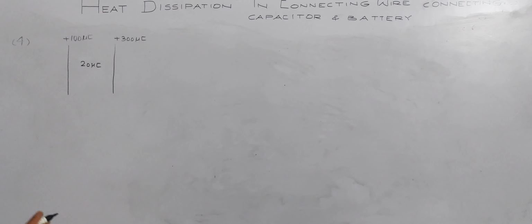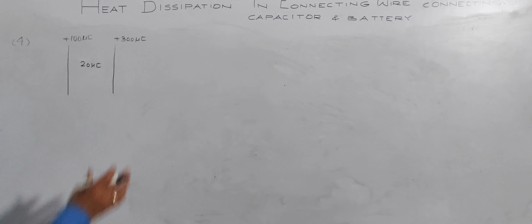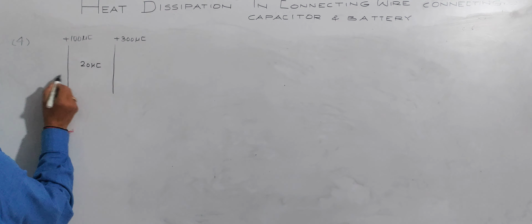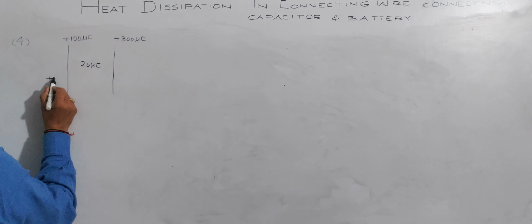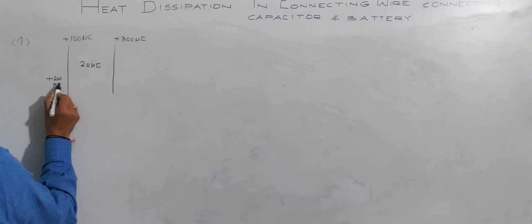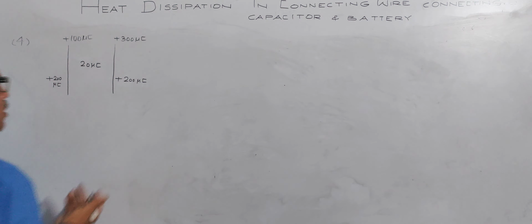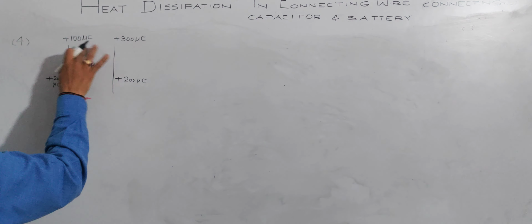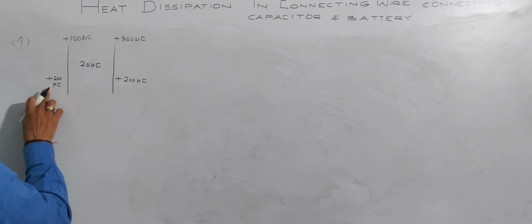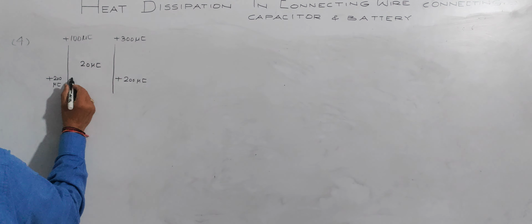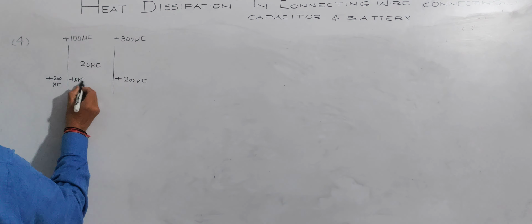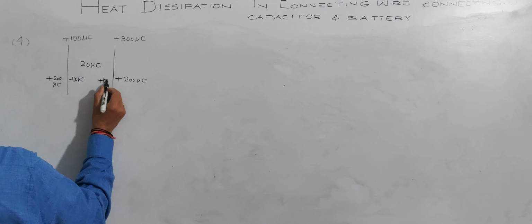Now first, how to find out the distribution? You add these two charges, 300 plus 100, 400, and divide into two parts. So on the outer sides, this will be plus 200 microcoulomb and plus 200 microcoulomb. Very simple. Since the net charge of this plate is 100 microcoulomb, with 200 on this side, on this side it will be minus 100 microcoulomb and this will have plus 100 microcoulomb.